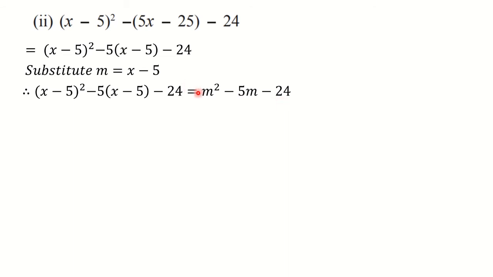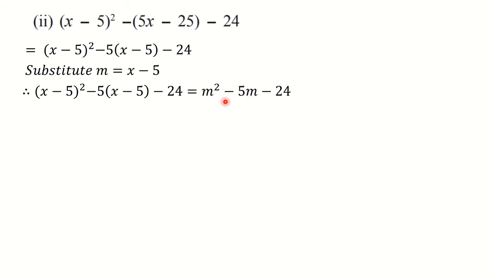See, here 1 is there and here minus 24 is there. So 1 into minus 24 is minus 24. You want two numbers whose multiplication is 24 and difference is 5. So can you think of the numbers? Yes, 8 3s are 24 and 8 minus 3 is also 5. Correct? So we got the factors here.